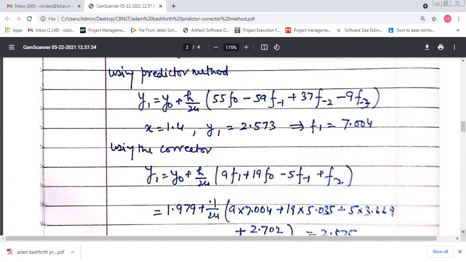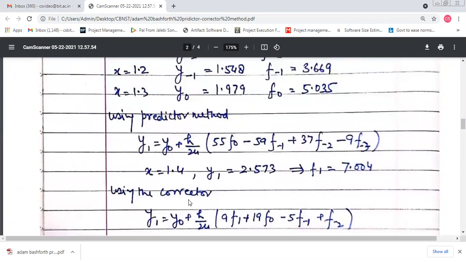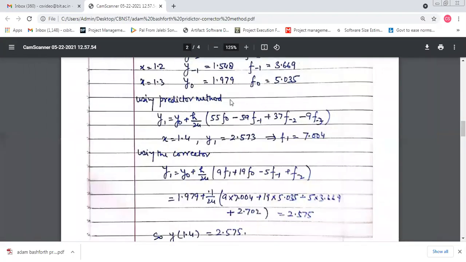So what will be the value we will be getting? y0 is 1.979, h is 0.1 upon 24, into 9 into f1, which you have just estimated, that is 7.004, plus 19 into f0.